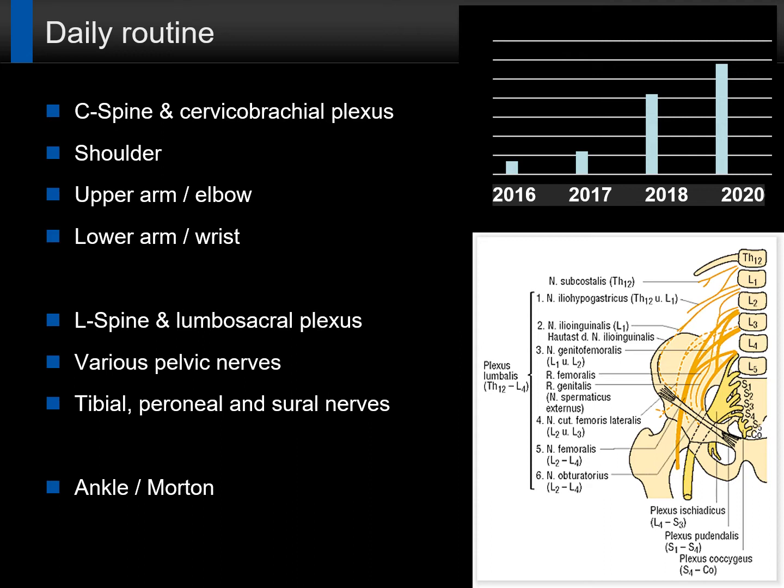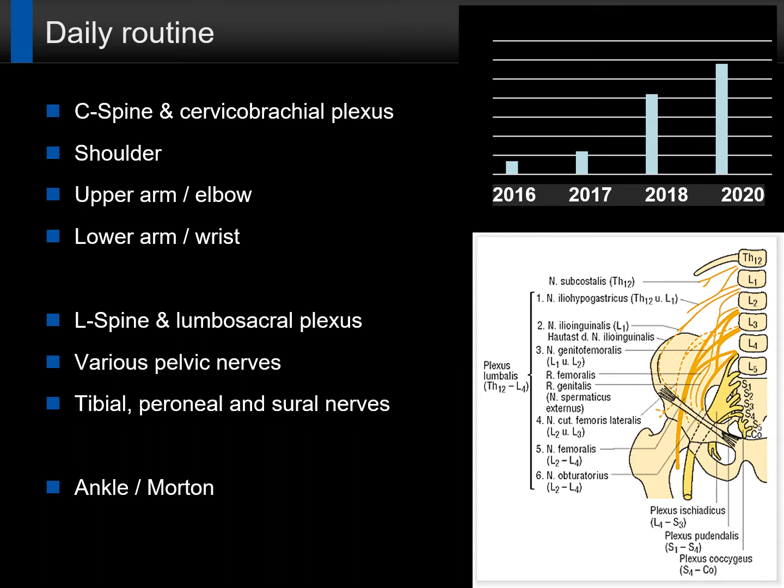This fact is reflected by our numbers in our department. As you can see, there is a steep increase in annual examination numbers, and we have everyday exams going basically from the head to the peripheral nerves in the extremities.